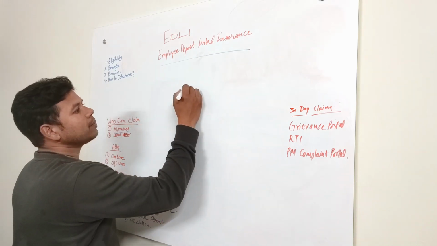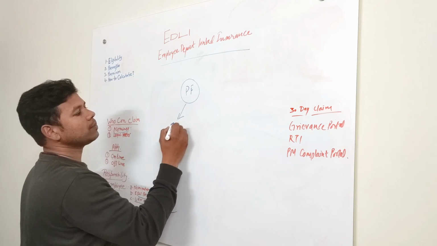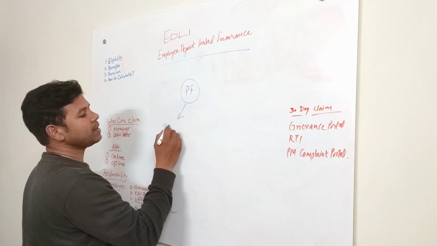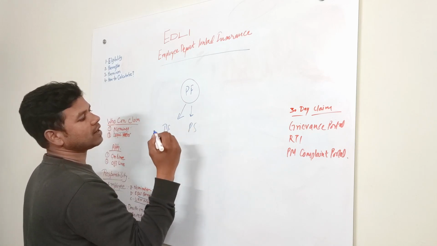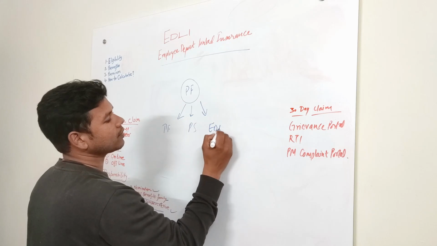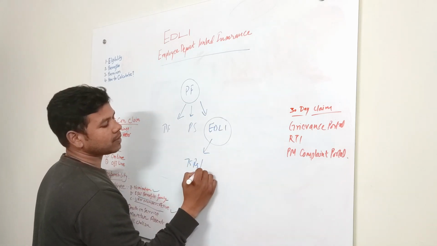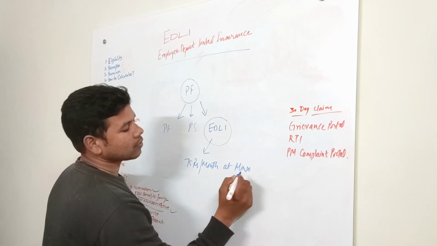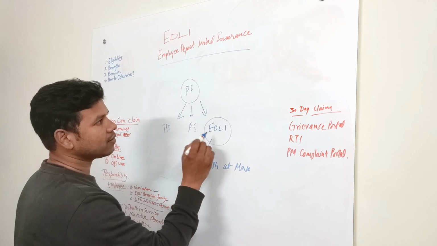So your employer makes a deduction in your salary for PF, from which one part goes to PF, the second part goes to PS, that is the pension scheme, and the third part is EDLI. This premium comes to 75 rupees per month at max. So an employee pays a maximum of 75 rupees per month for this insurance.